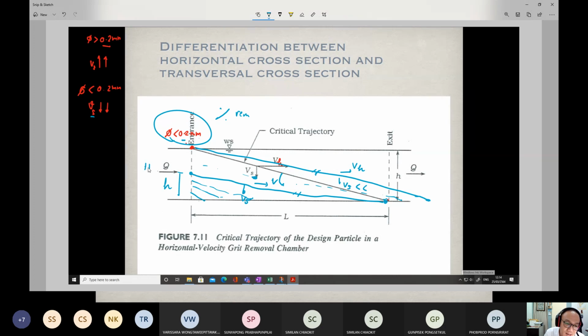But considering the total depth, the entire depth given as a capital H, there are some particles beyond this that will not be settled.